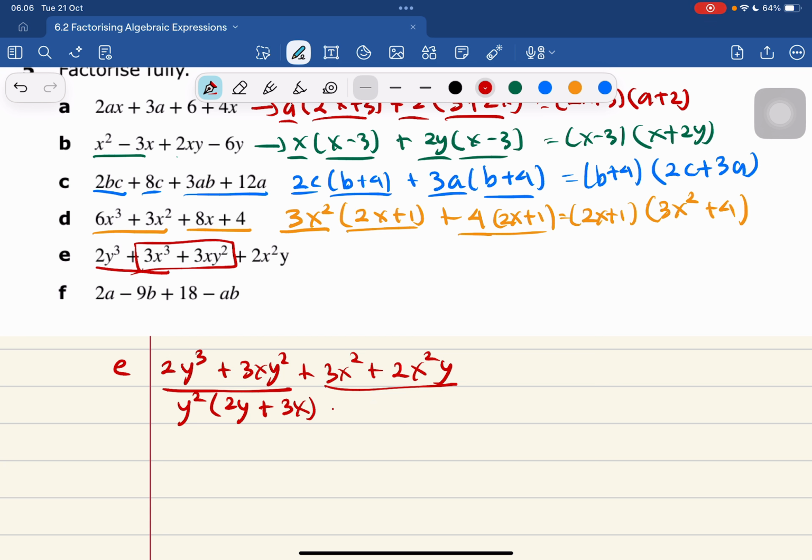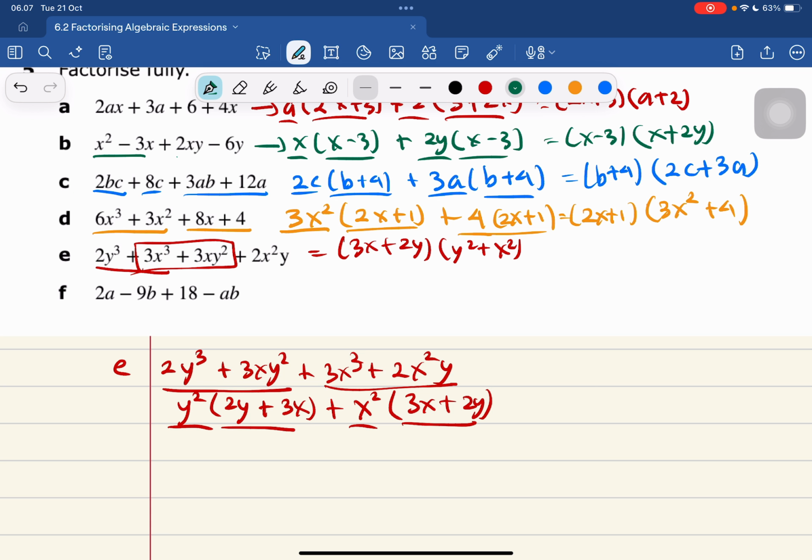From here we can make it, okay, we got x squared. Oh, here power of 3. So we got x squared and then bracket 3x plus 2y. Okay, we got the common. So the common is 3x plus 2y, and then multiply by y squared plus x squared. Okay, there it is.